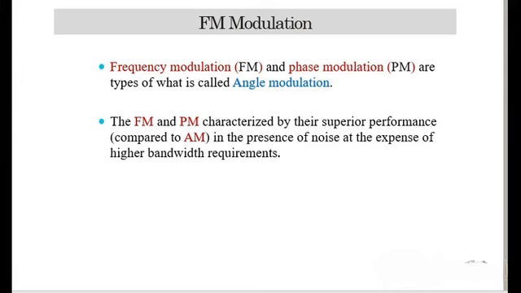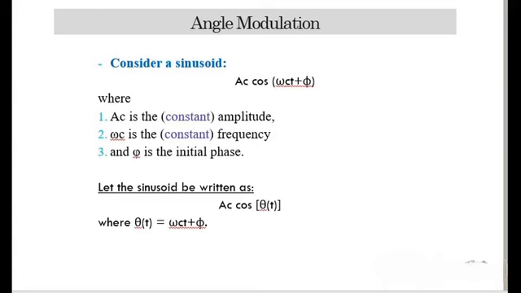The formula for the FM signal is s(t) = Ac cos(2π fc t + φ(t)), where Ac is the constant amplitude and fc is the constant frequency.